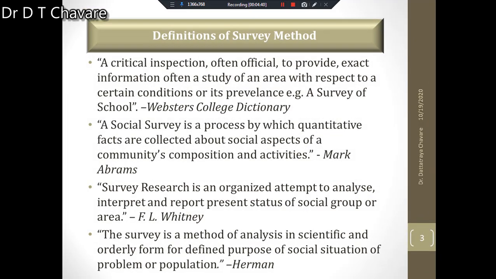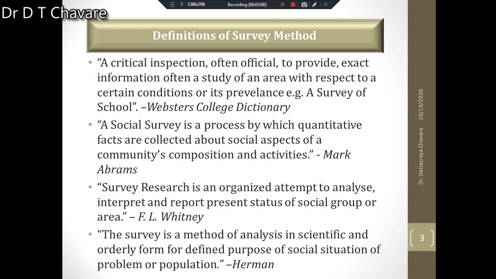Then different definitions are also given by some thinkers, and I would like to quote and explain those definitions here and discuss them with you, because without considering these definitions the survey method will never be complete.